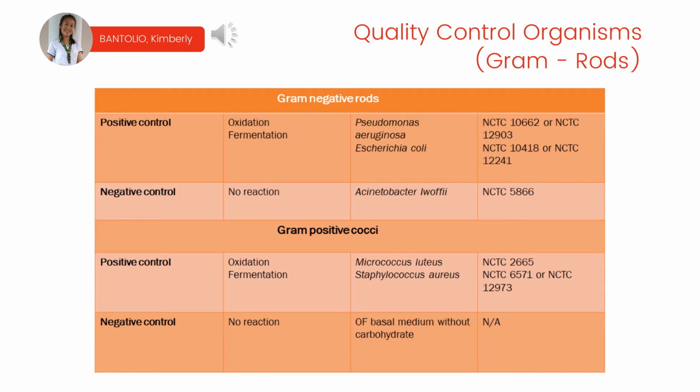Then for fermentation, the species of bacteria to be used is Staphylococcus aureus, and the control organism is NCTC 6571 or NCTC 12973. And for the negative control, there is no reaction in the basal medium without carbohydrate, so no control organism is used.